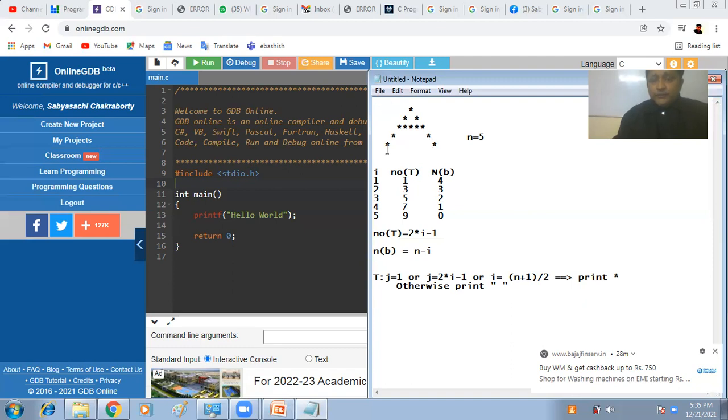We can have two nested J loops. In the first nested loop, the J counter will represent the blanks. In the second nested loop, the J counter may represent the star or in-between blanks.